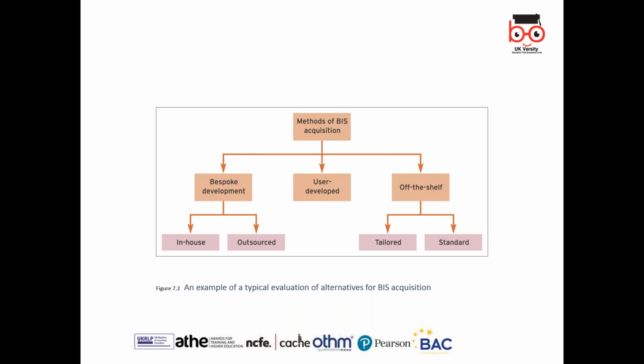So we do have three types of acquisition, which are bespoke development, where the software can be created in-house or outsourced, or off the shelf, which can be tailored or standard software.